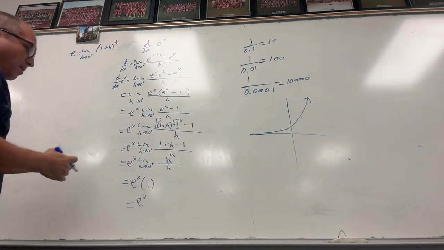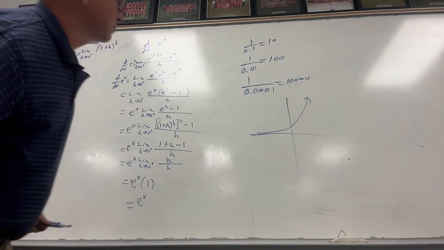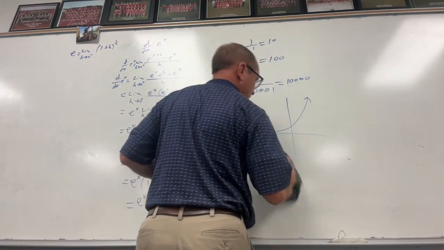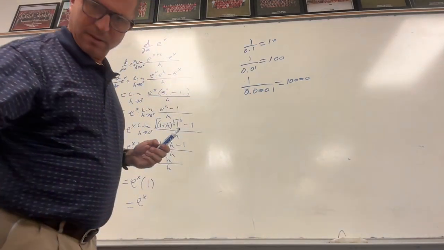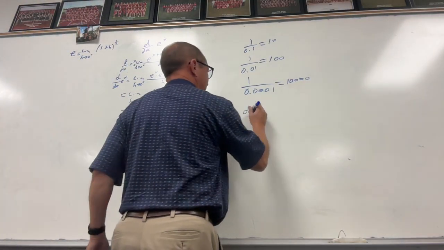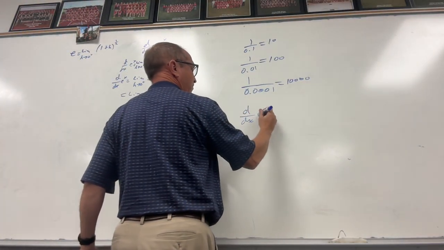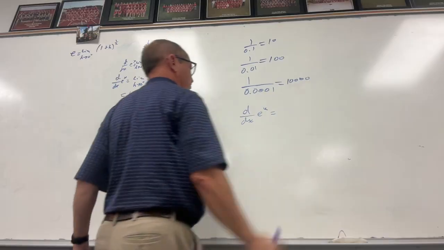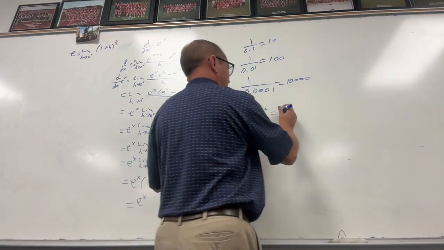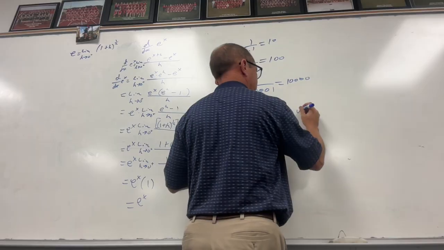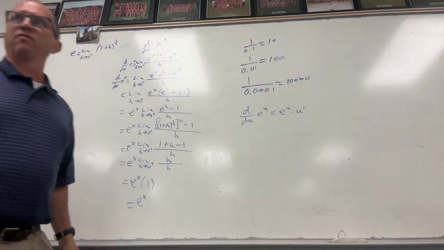Now, from this, let's do some derivatives. Now, understand this. If I have the derivative with respect to x of e to the u, then that answer is e to the u times the derivative of u.